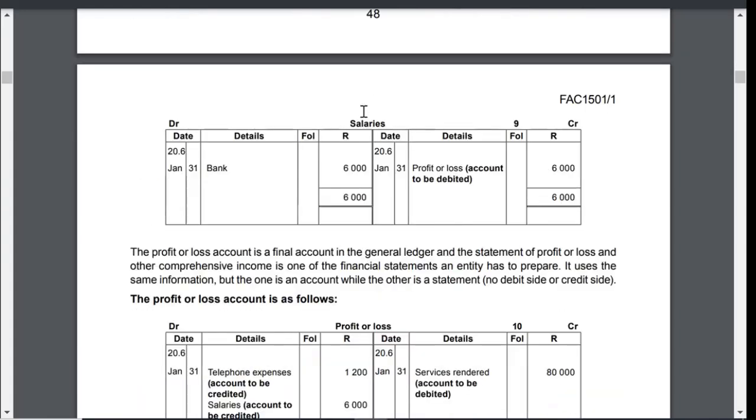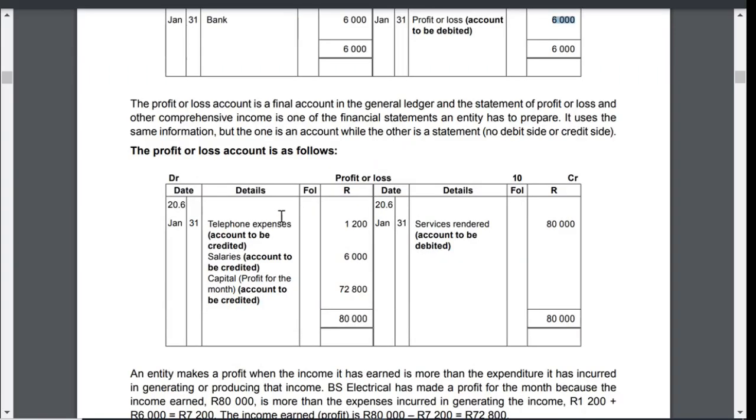Okay. And then when you look at the salaries, it had a debit balance. So if you want to close off an account with a debit balance, you credit it with 6,000. So this debit now goes to profit and loss. The profit and loss is used to determine if the company has made a profit or loss.